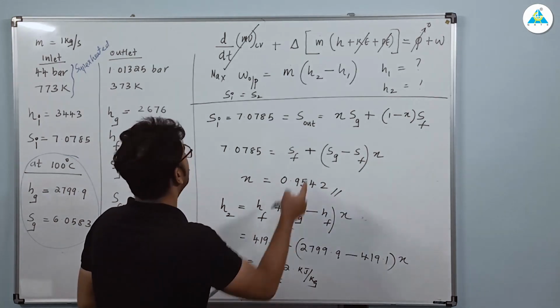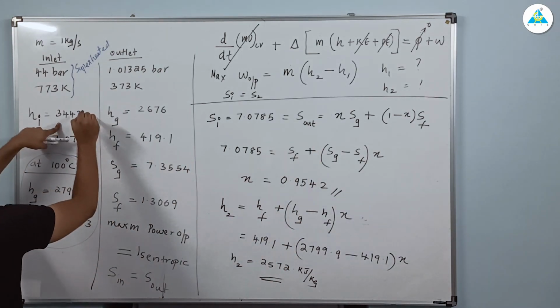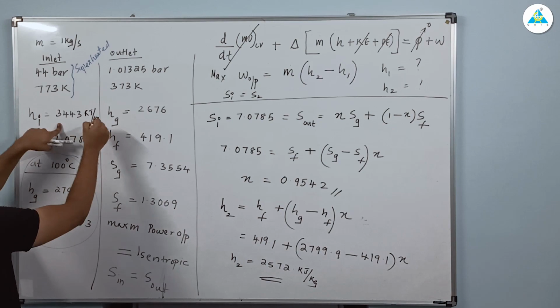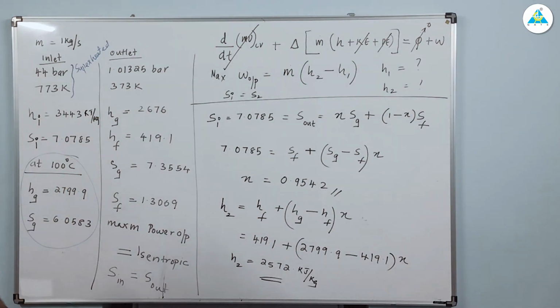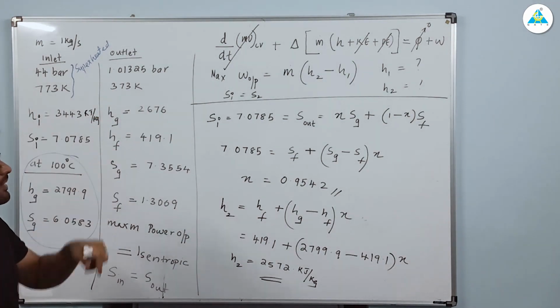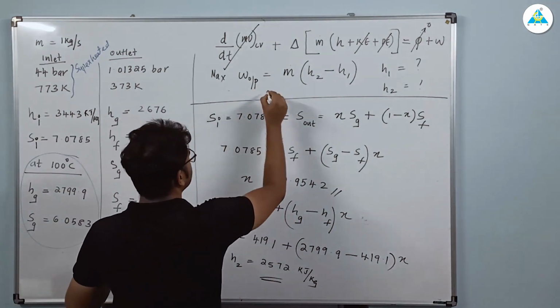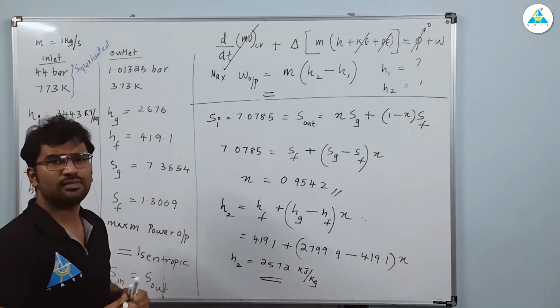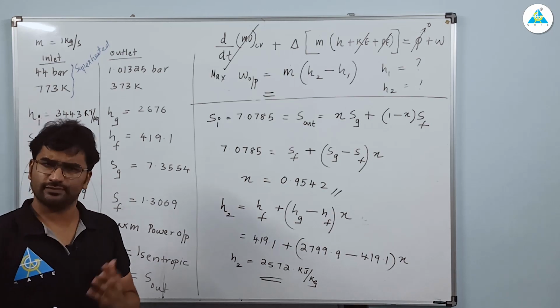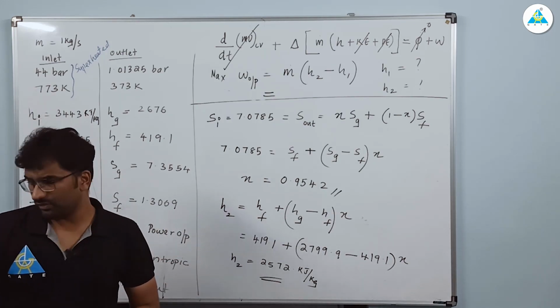You know H2. What is H1? H1 is 3443 kilojoule per kg, right? So calculate it. Mass flow rate is 1 kilogram per second. Multiply, you will get the answer, right? You will get the answer in minus, but all the options are in positive, so you can calculate it. So what will be your work output?